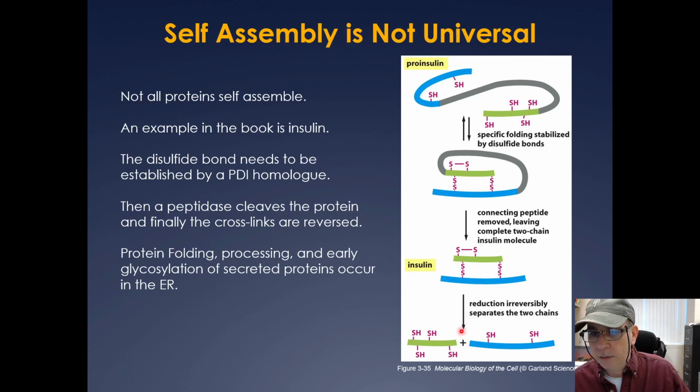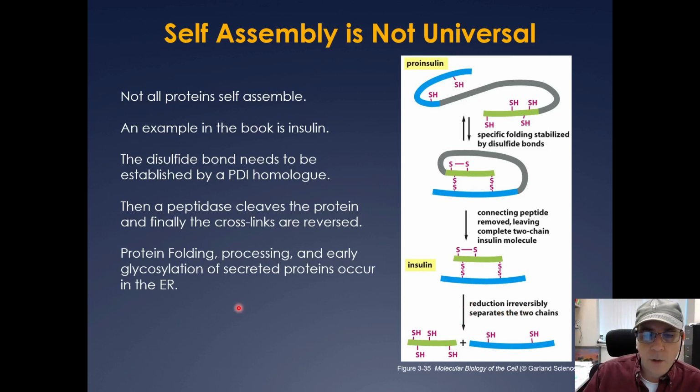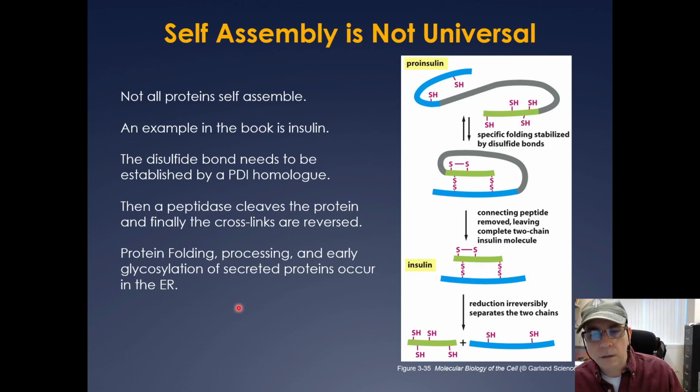Okay, and so you can then reduce these. So ultimately there's a lot going on when a protein is co-translationally translocated into the endoplasmic reticulum. You can get the protein folded, processed, and glycosylated, and then transferred out through the secretory pathway.